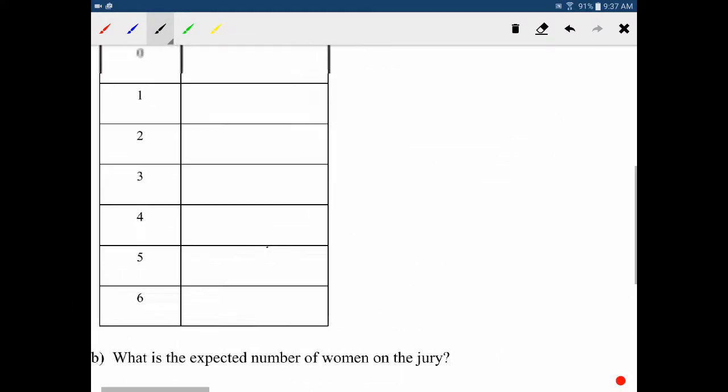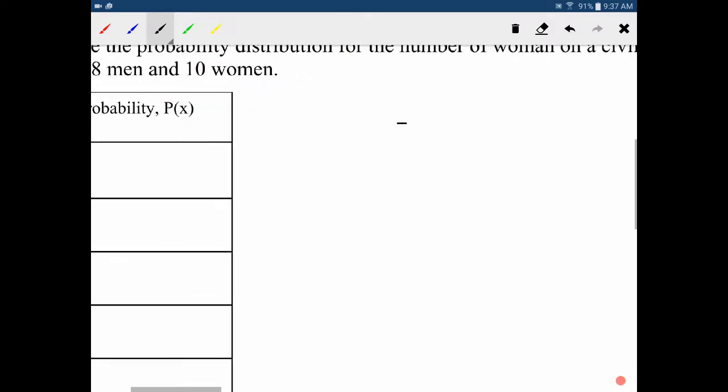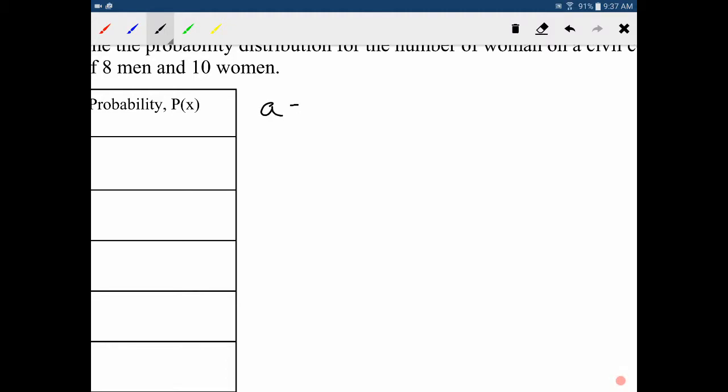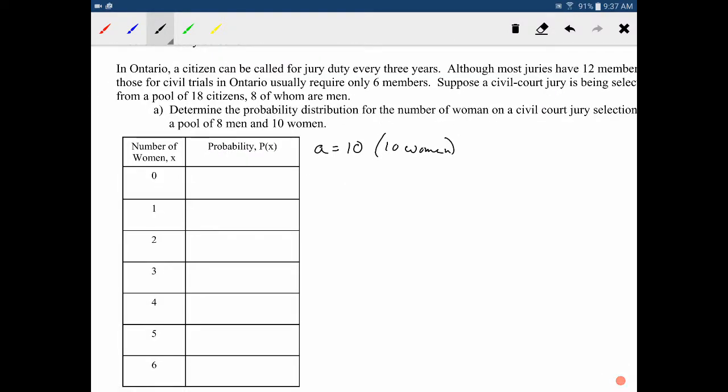So for this question here, our A value is going to equal 10, because there are 10 women. The reason we know it's the number of women is that we're finding the distribution for the number of women.